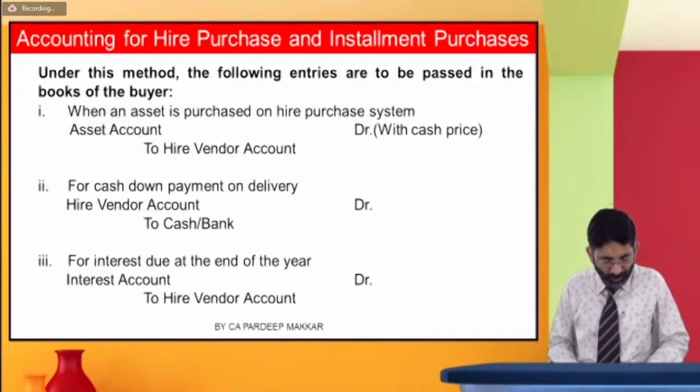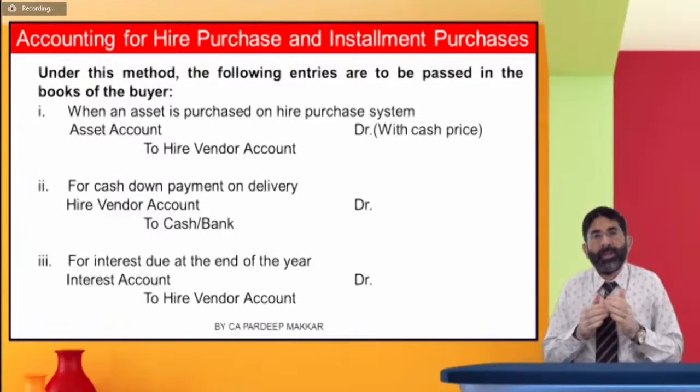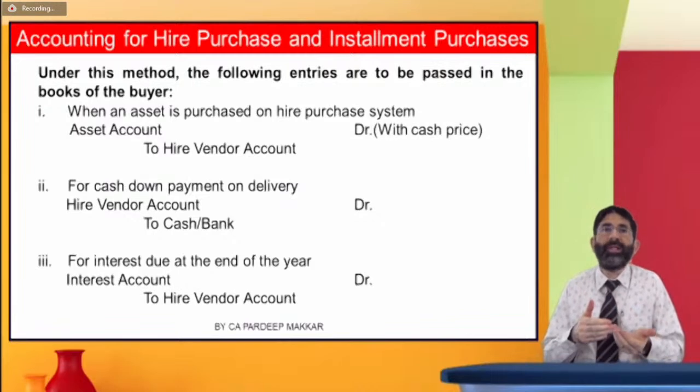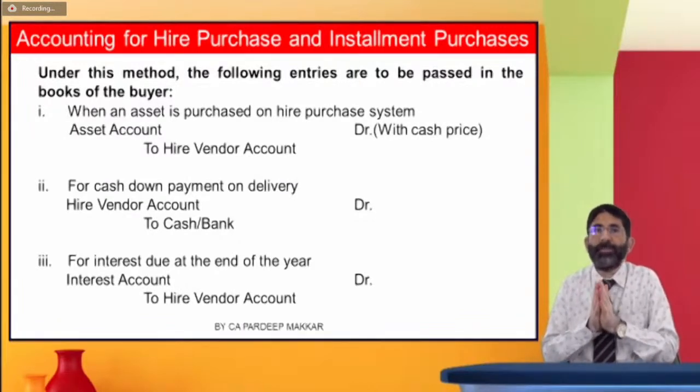Sir, shouldn't we add interest to the installment each year? It may be added if... Himashrim is asking, Miss Himashrim, we have to understand this thing. If the cash price of the installment is given, then you have to add interest to it to calculate the HP price of the installment.